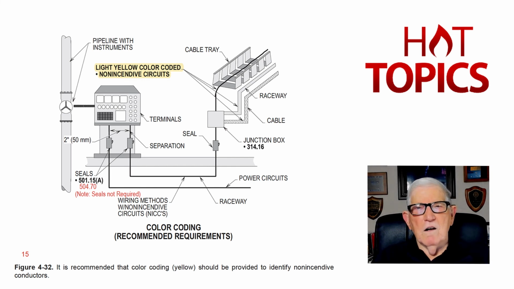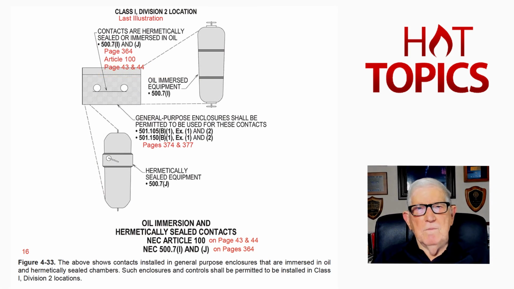Now let's look at our final figure, 16. And notice we're looking at contacts that are hermetically sealed or emerged in oil in accordance with 500.7i and j on page 364 of the NEC, and Article 100, page 43 and 44, they're defined.